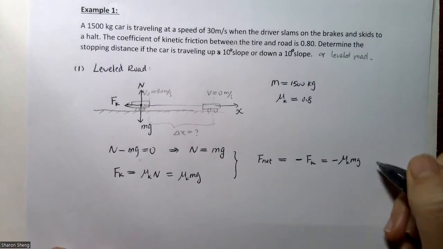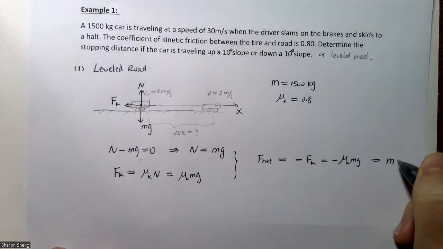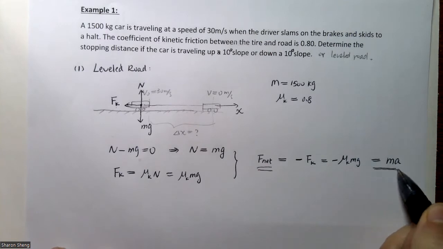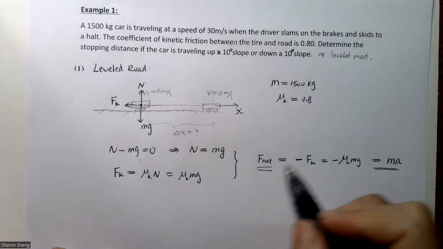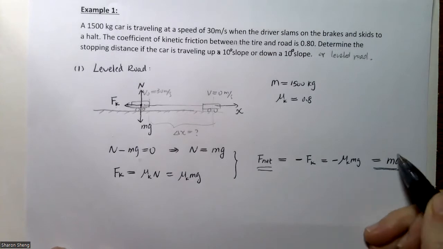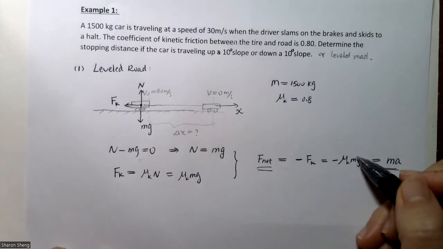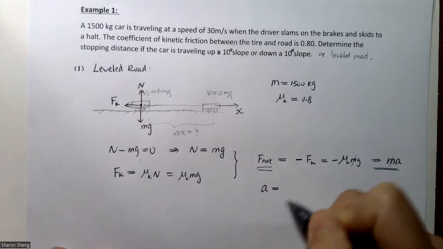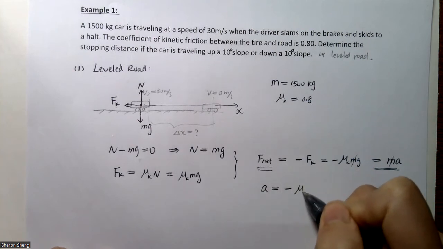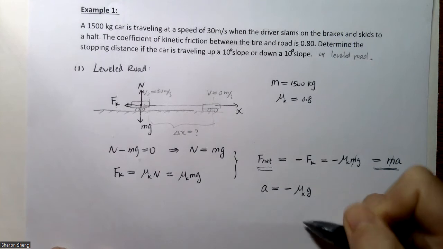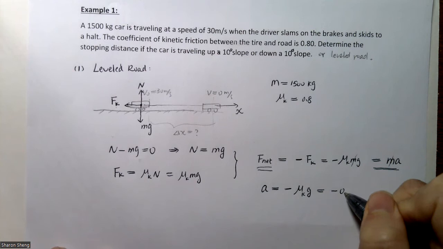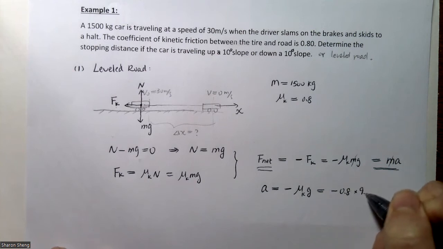Net force equals what? Net force equals m times a. That's Newton's second law. But net force equals this number. So from this equation, we see m cancels out. I can find that acceleration is equal to negative mu k times g. Now we plug numbers in. Mu k is 0.8, so negative 0.8 times 9.8.